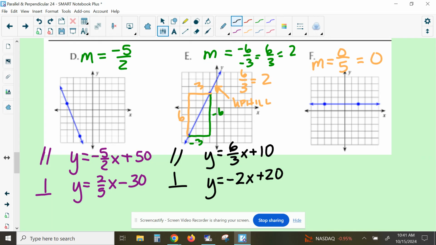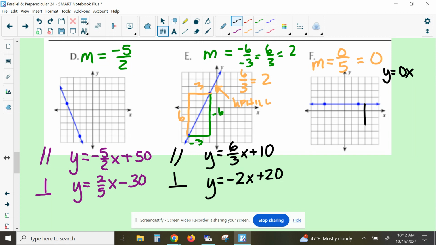Okay. Let's quickly review. Does anyone know what the equation of the horizontal line in this picture is? If m is 0, think about an equation. So think about y equals, if m is 0, that means 0x.